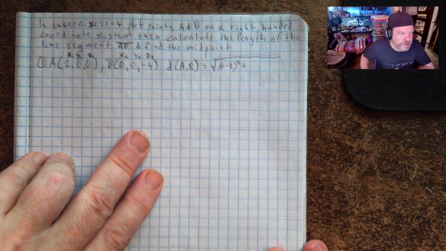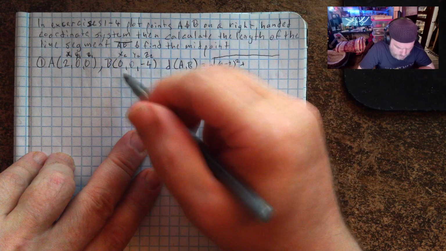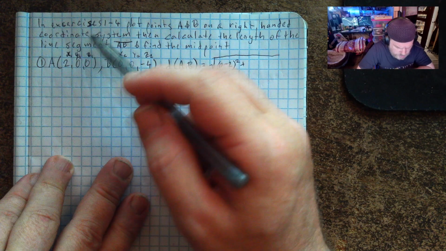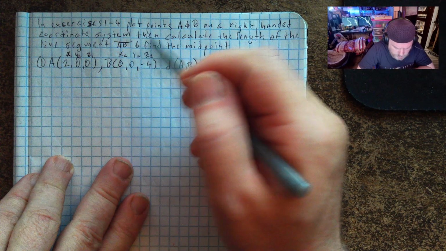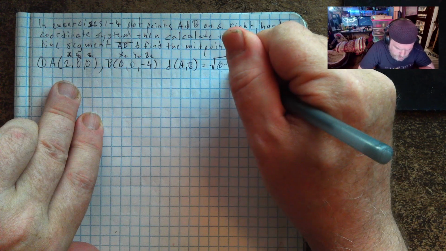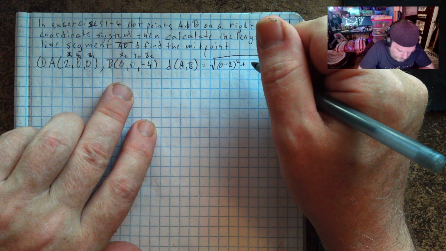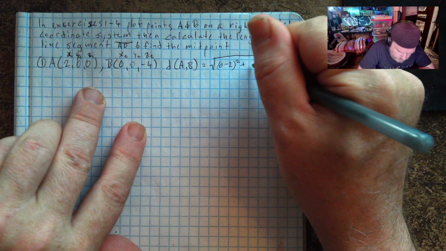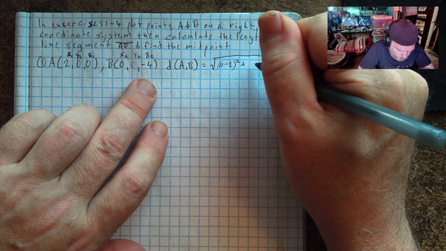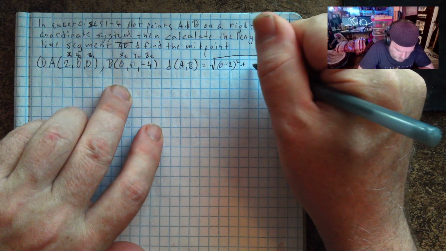I need to turn off archive. All right, so what I said, I've got a point A, (2, 0, 0), and a point B, (0, 0, -4). And I labeled the points x1, y1, z1, x2, y2, z2. And I go 0 minus 2 squared plus 0 minus 0 squared plus negative 4 minus 0 squared.